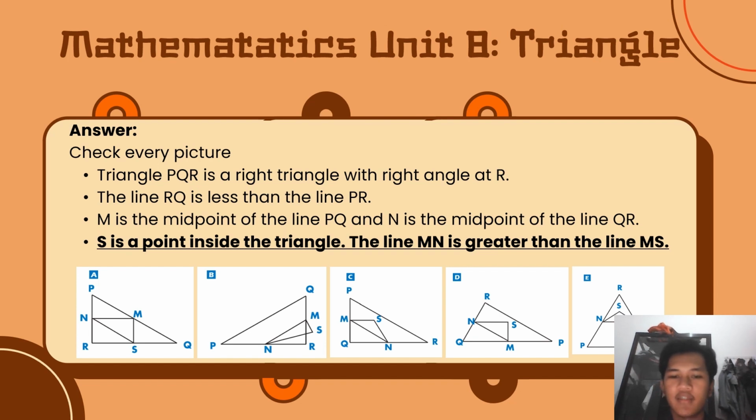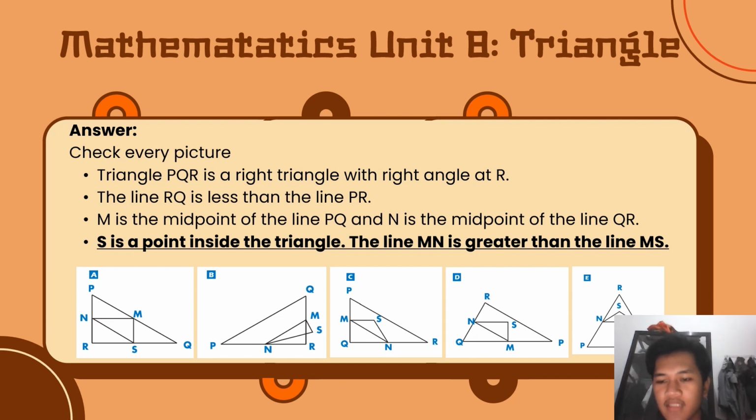And then picture C. Picture C is right because point S is inside of the triangle and line MN is greater than line MS. So picture C is correct. And then picture D. Picture D is right because point S is inside of triangle PQR and line MN is greater than line MS. So picture D is correct too.